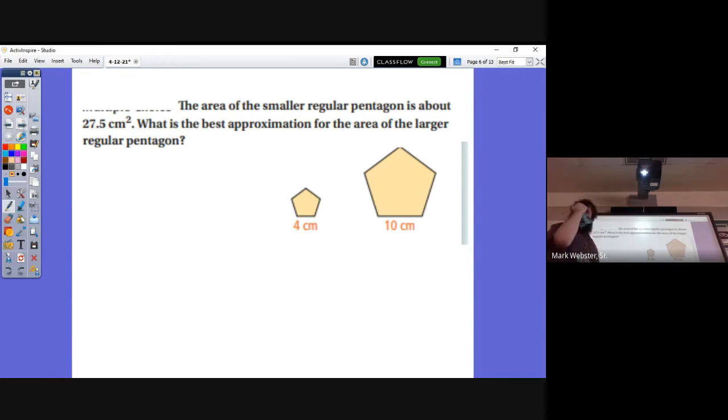So first things first, think about where we're going. We're going from the small one to the big one, right? We're expecting a larger number in return for our final answer than what they gave us. So we better have the big number on top, the little number on bottom. The big number's 10, the little number's 4. Take the liberty of simplifying that right there. Scaling factor is 5 over 2.